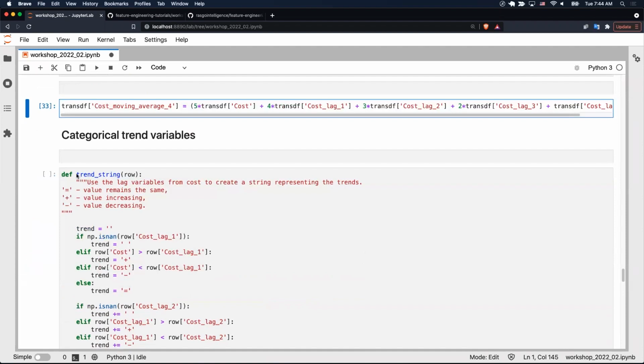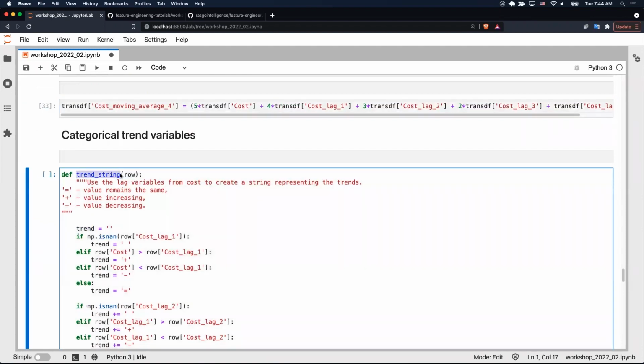And what I'm going to do is I'm going to create a trend string. So I'm going to look at the customer's behavior over the last few transactions, and I'm going to create a string that tells me how the purchase amount is changing. How is the customer behavior trending?